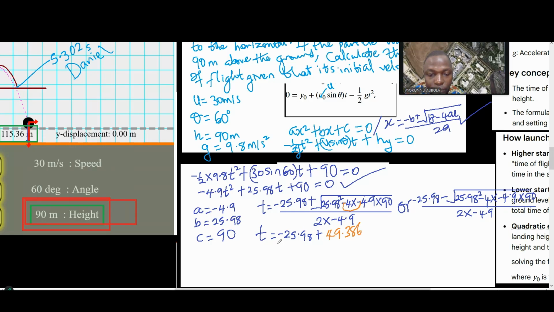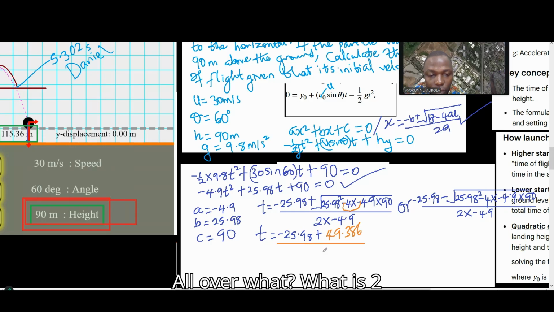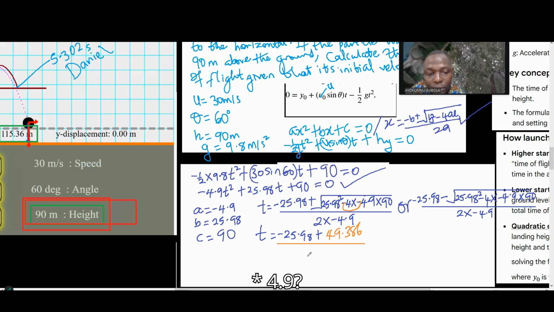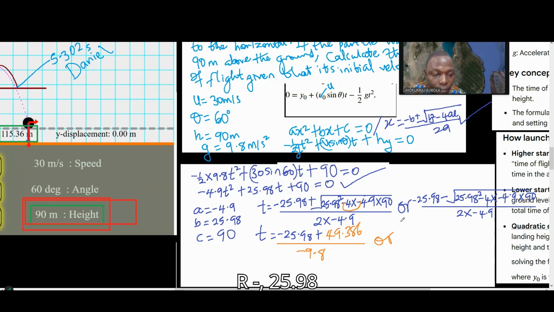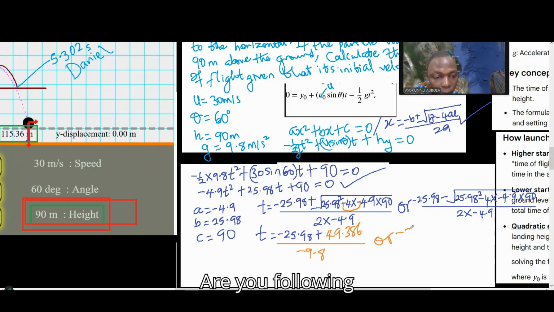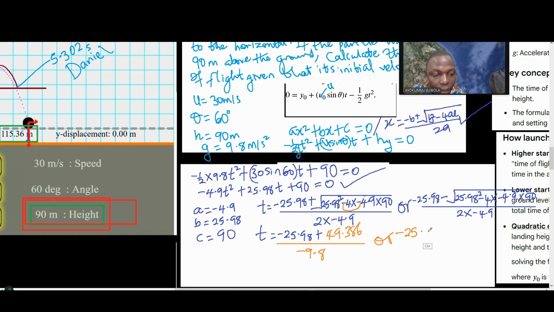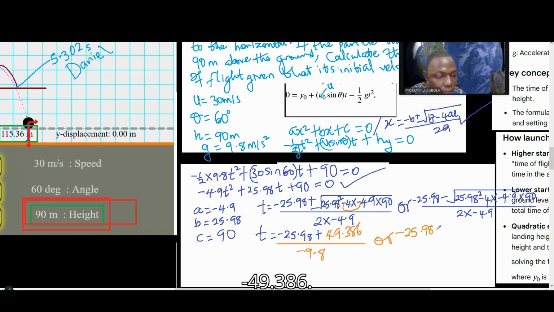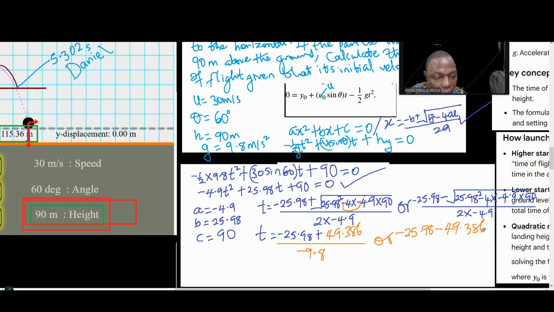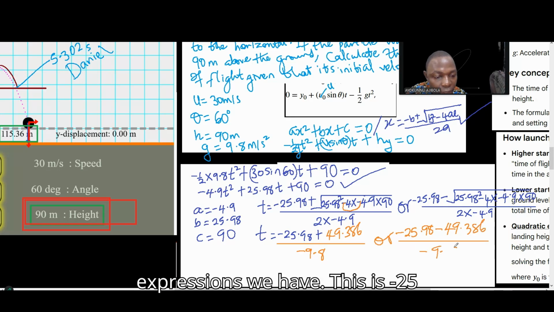49.386 all over what? What is 2 times 4.9? 9.8, right? Or minus 25.98, minus 49.386 all over minus 9.8.